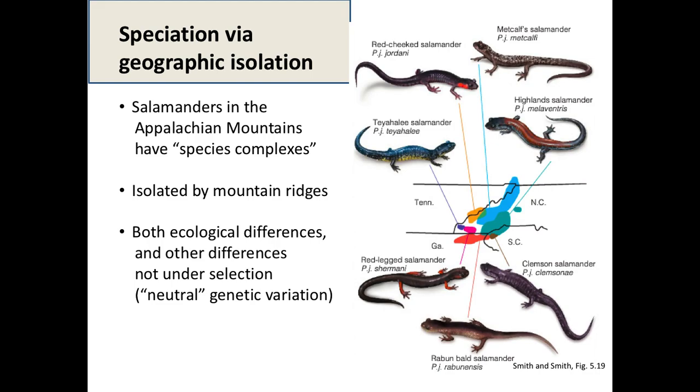Here's an example of salamanders in the Appalachian Mountain Range, where a single species has evolved into multiple different species due to geographic isolation. Different species associated with different areas. Individuals from here can't pass a barrier, they can't pass a mountain range into that region there.